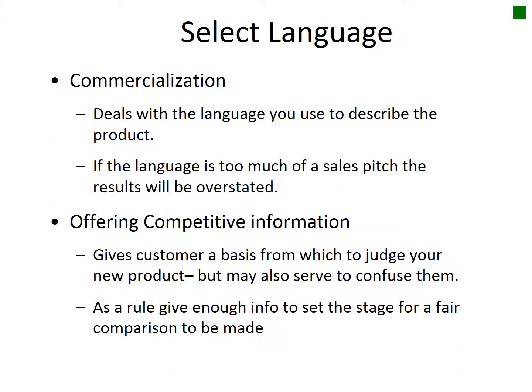Some people often ask if they should include competitive information, and this is a bit of a double-edged sword, because when you start to introduce a competitor, you automatically have some basis of comparison that the customer will start to look at.